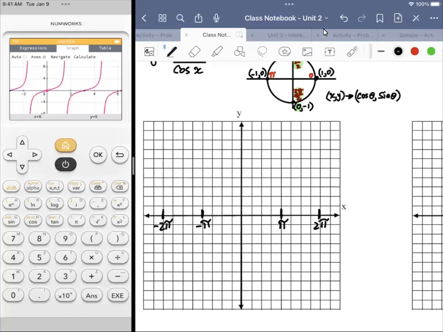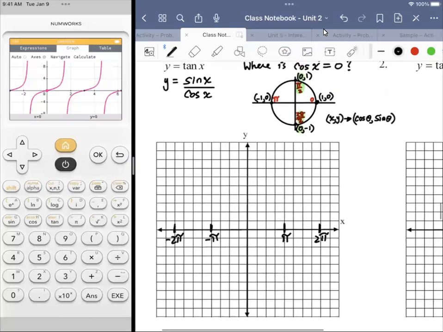All right. So I need a vertical asymptote at pi over 2. Pi over 2 is right here. So vertical asymptote there. And I also need one at 3 pi over 2. So it's going to be over here.